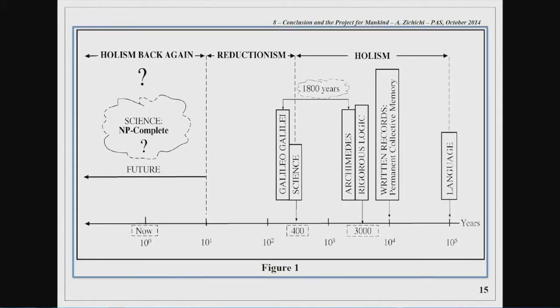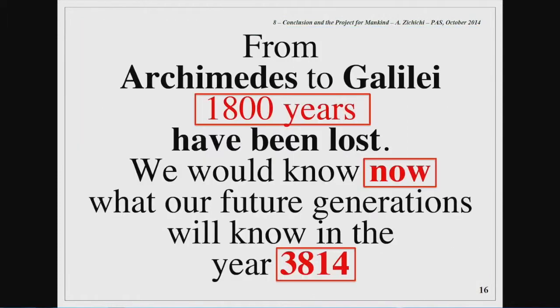This is, I'm sorry, not very well visible, but this is the evolution from language on the right to science, through rigorous logic, and you see that there are two names, Archimedes and Galilei, and the distance of 1800 years. And on the extreme left, there is the present status of science.